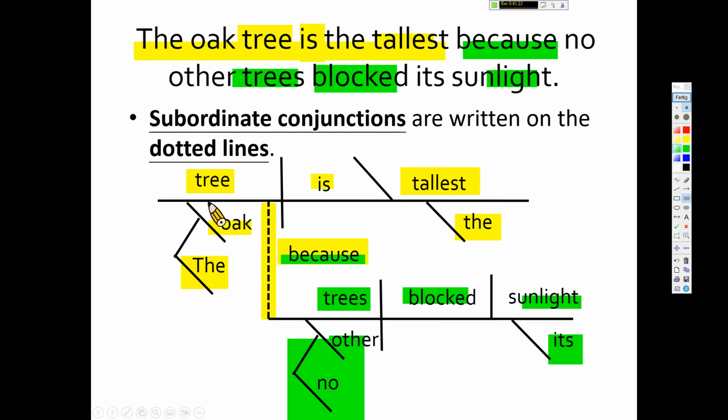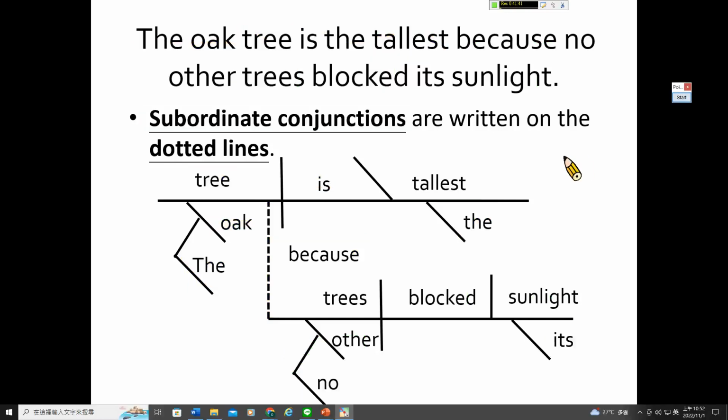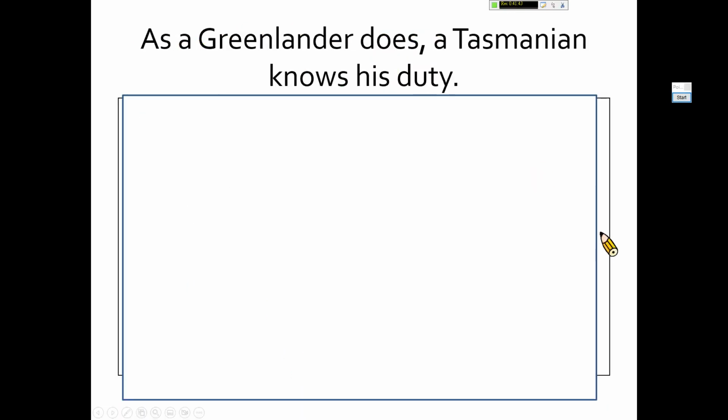Okay, so basically, because is used to connect tree. That's it. So this is how we use because, the so-called subordinate conjunctions. So now let's move to this one. As a Greenlander does, a Tasmanian knows his duty. Okay, so can you draw this one?